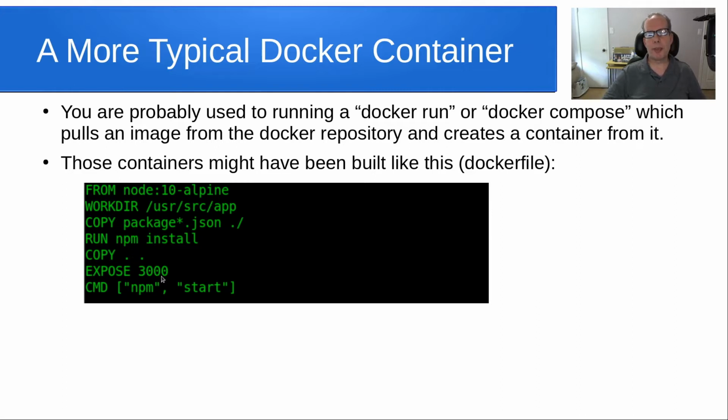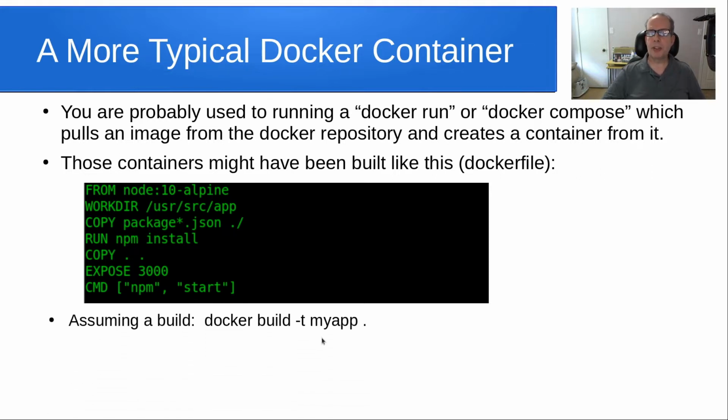Expose port number 3000 because the app apparently was written to use port 3000, and then execute the command npm start. So npm is the package manager for the JavaScript programming language, and this is a really typical application Docker file that you might actually find that builds an image that you might find on Docker Hub.